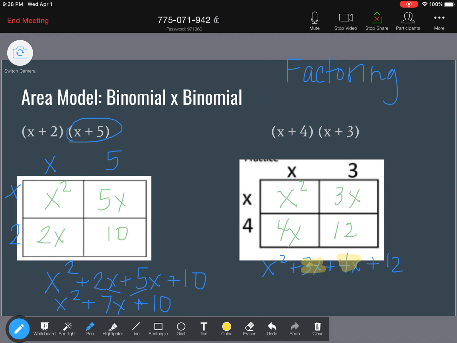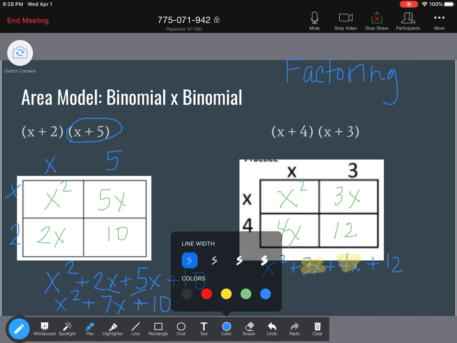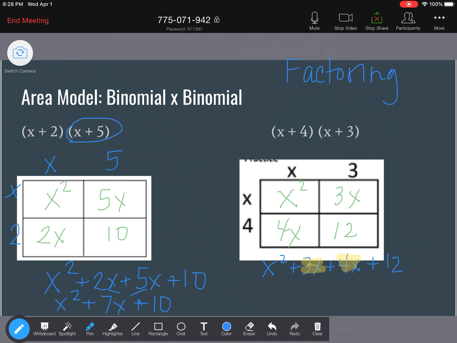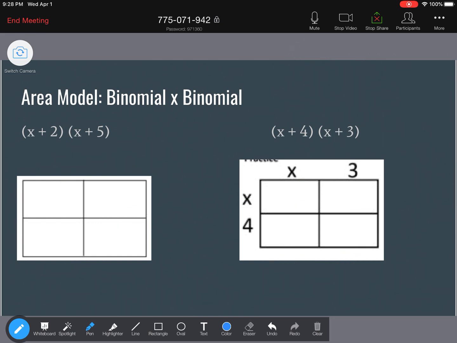And so we're going to just combine those. X squared plus 7x plus 12. Okay, so binomial times a binomial, use the area model, and then combine your like terms. Let's move on from here.